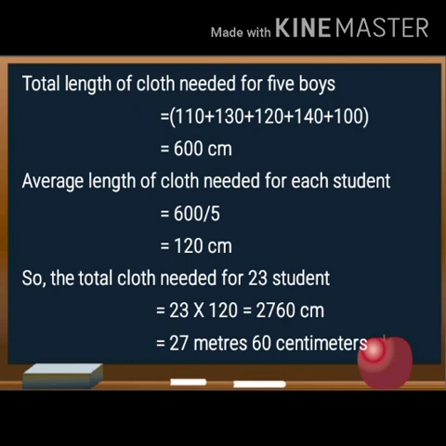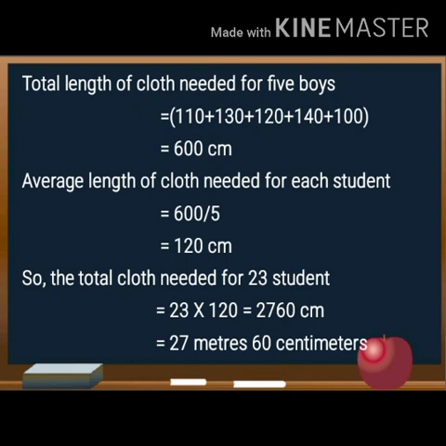And so the average of cloth needed for each student, we just divide the total length by the number of students, that is 600 by 5, that is 120 centimeters. If it is the same amount for all, we can say each needs 120 centimeters. In other words, the average length needed for each is 120 centimeters.